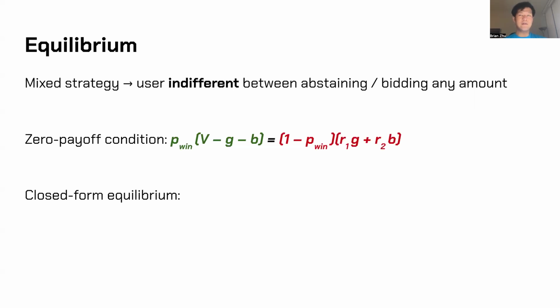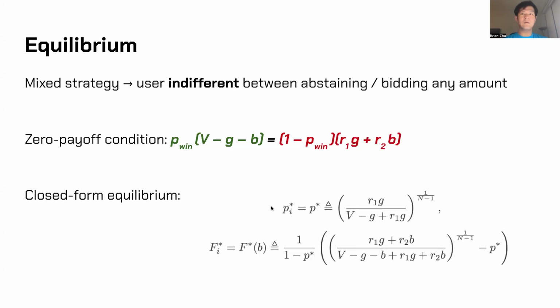So here we have a zero payoff condition, where your expected revenue or utility from winning is equal to the expected cost that you pay when you lose. So taking this, we can solve for a closed form symmetric mixed equilibrium based on your abstention probabilities and the CDF of what you bid according to.